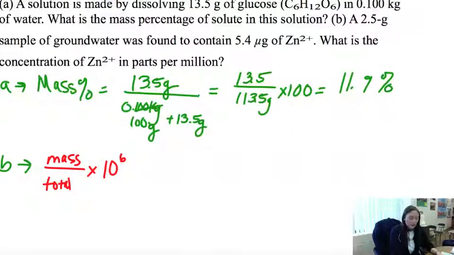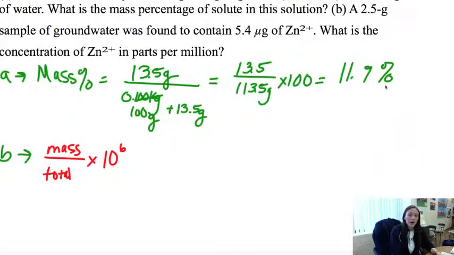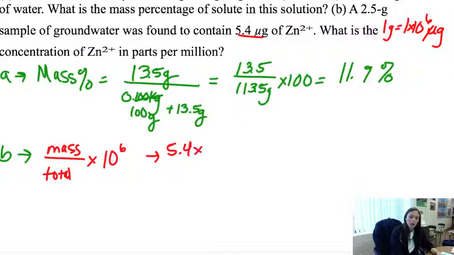My amount here is 5.4 micrograms, and in 1 gram there's 1 times 10 to the 6th micrograms. So I divide 5.4 by 1 times 10 to the 6th, and I get 5.4 times 10 to the negative 6th grams.